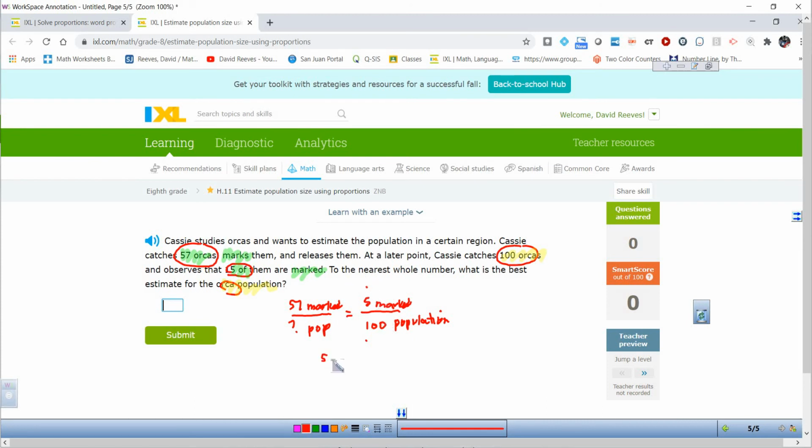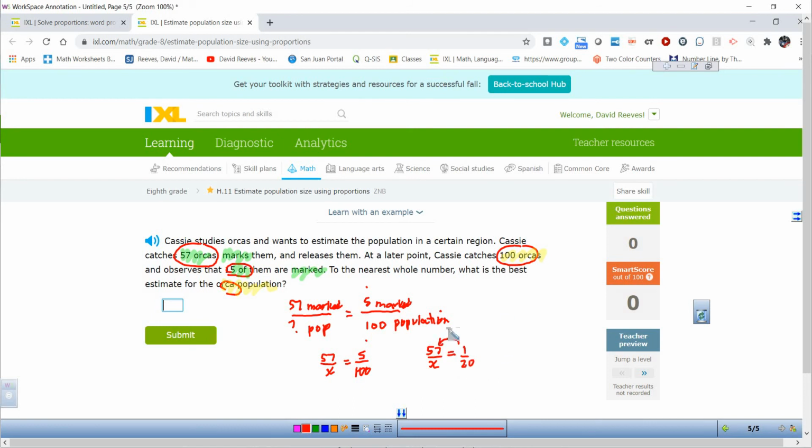So here is our proportion. 57 over x equals 5 over 100. All right, now 5 does not go into 57 evenly, does it? And again, we can do our cross multiplication. Or I can simplify. I want to always encourage you to simplify. 5 over 100 simplifies to 1 over 20, right?